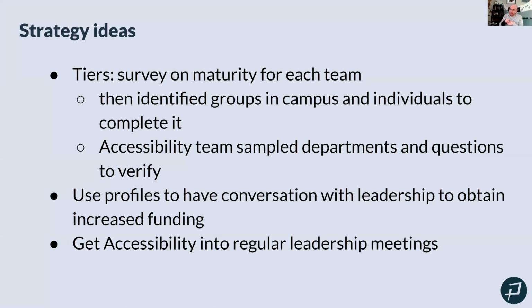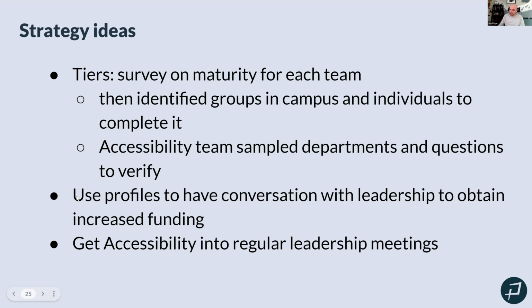And then the accessibility team selectively sampled the questions to verify. And that was a way to measure. So going back to Eva's comment, that was a way to measure accessibility one way, right? And if you look at a lot of those outcomes, I think there's a lot of potential for measuring throughout. Some of them will take more effort than others, but that was one that I saw that was useful.